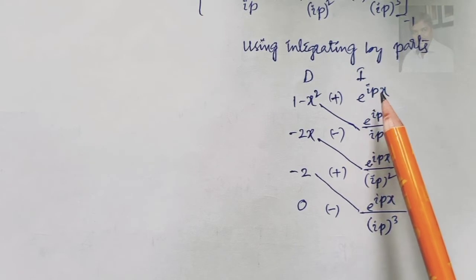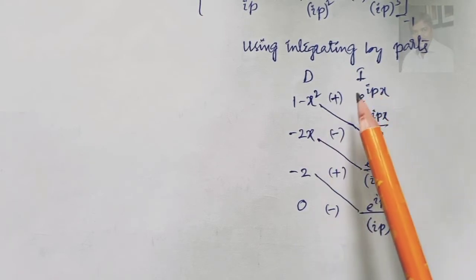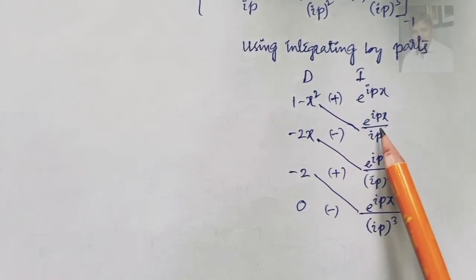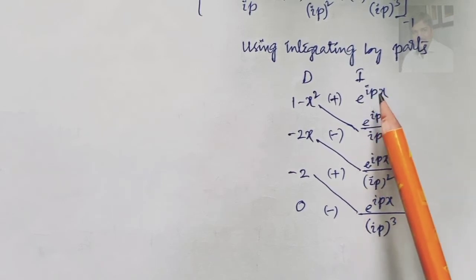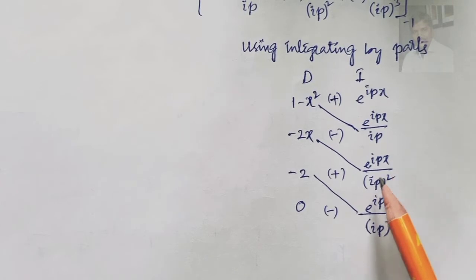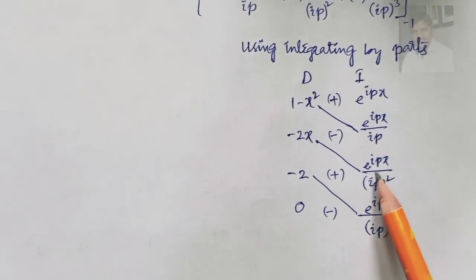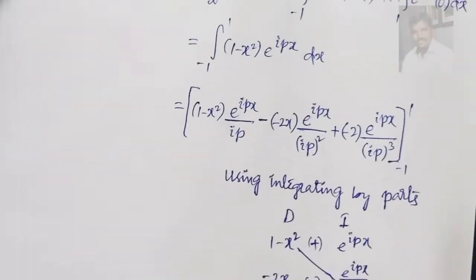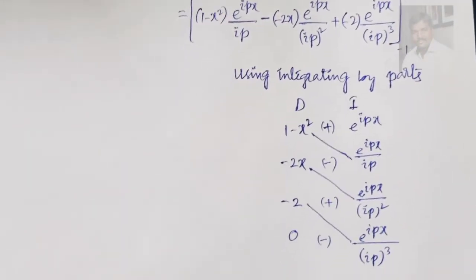First write e power ipx as it is, and then integrate. The integration of e power ipx is e power ipx by ip. Next, integrating again, we get e power ipx by ip whole square, and again integrating, e power ipx by ip whole cube. Now we do the cross multiplication.